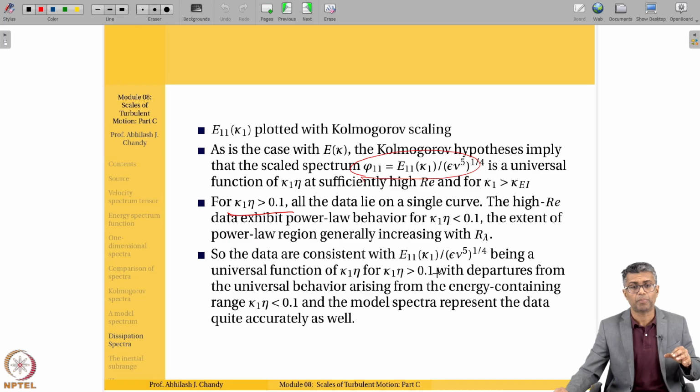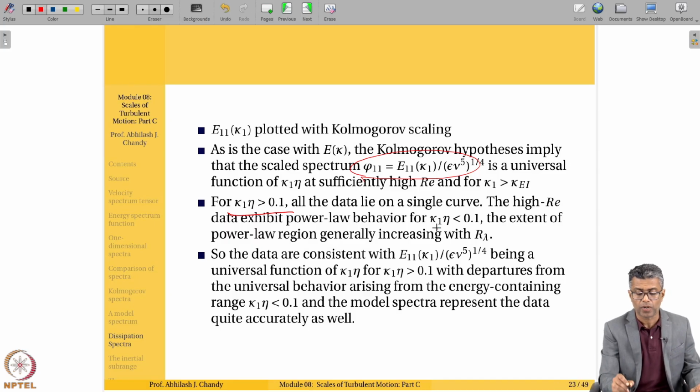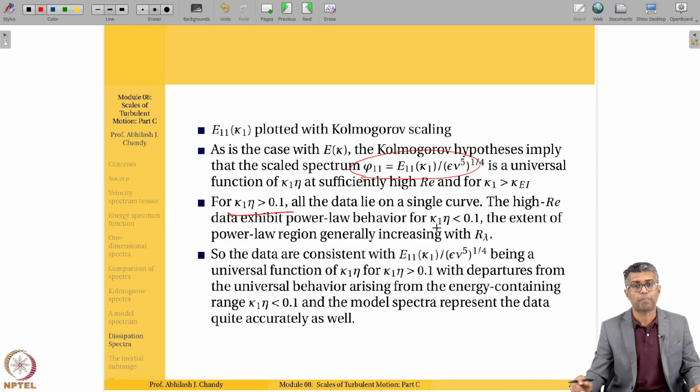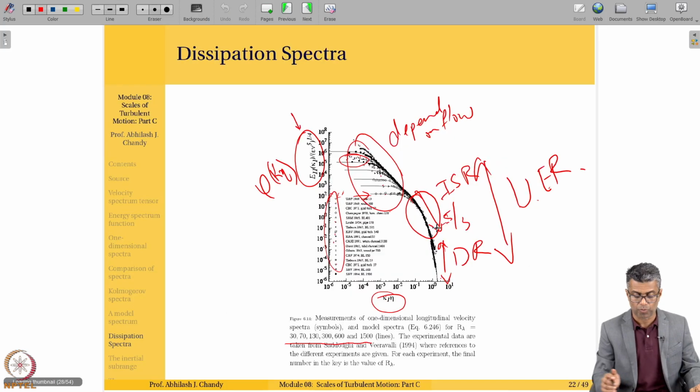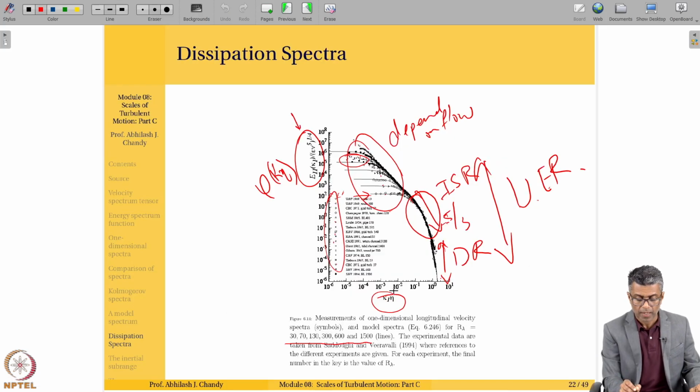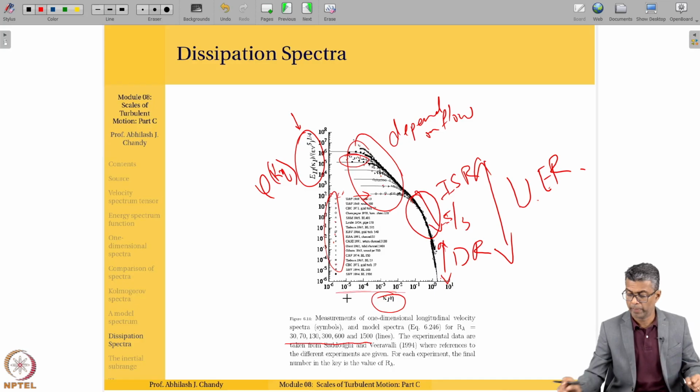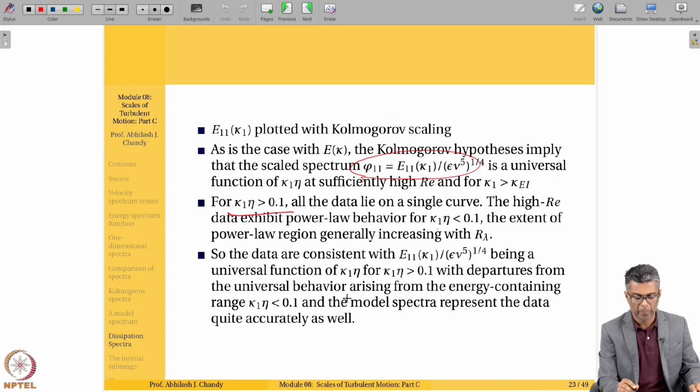And the high Reynolds number data exhibit power law behavior for kappa eta less than 0.1. So that is in this range here. That is the energy containing range. So the data is actually consistent with E11 of kappa 1 divided by epsilon nu to the 5th to the 1/4, and that being a universal function for kappa 1 eta, for kappa 1 eta greater than 0.1, isn't it?